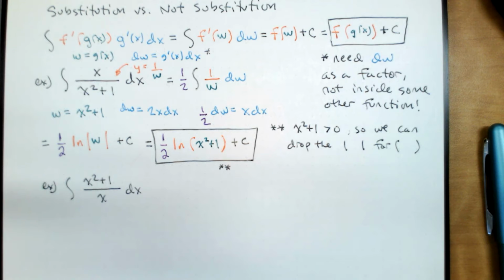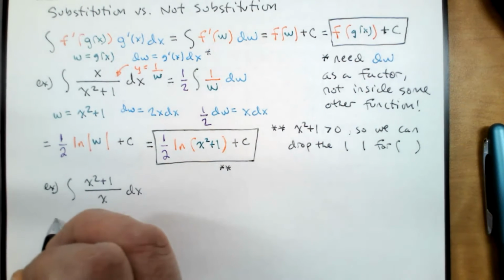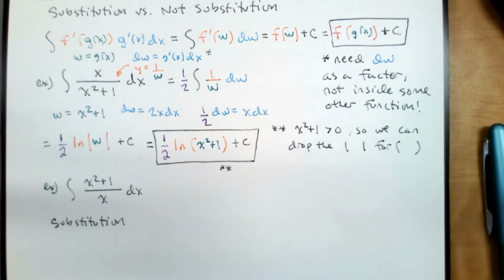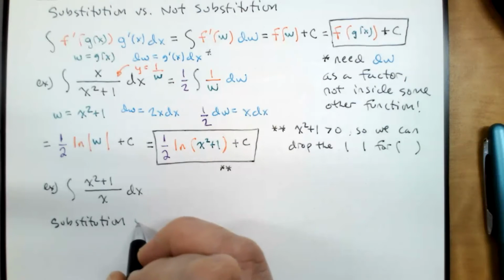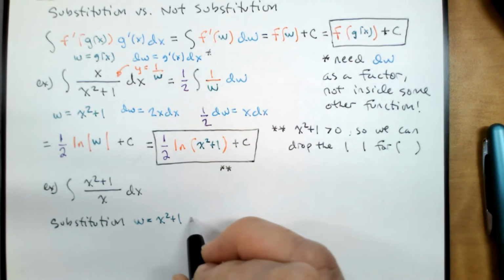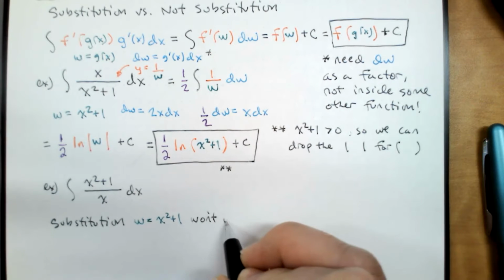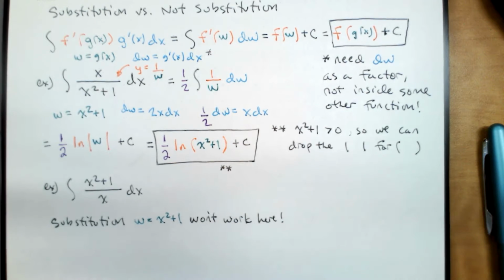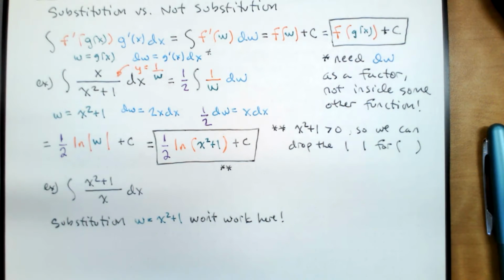So we should note that the substitution w equals x squared plus 1 is not appropriate because we don't have anything to be the dw. The reason is we don't have anything to be the dw.